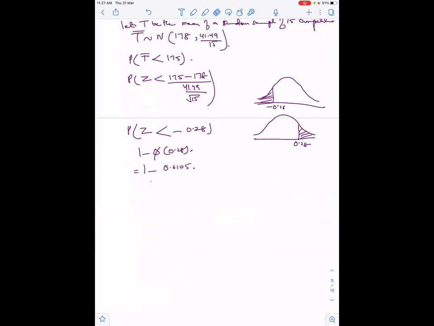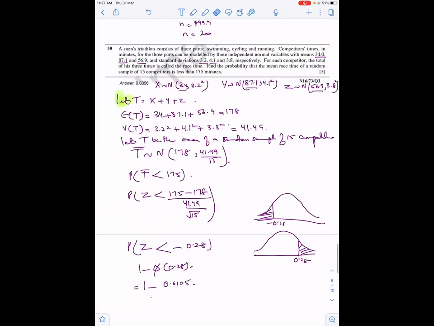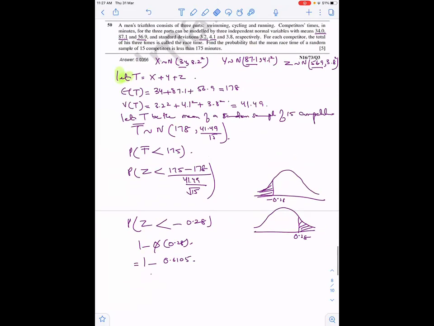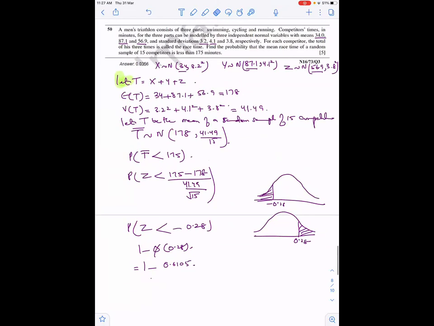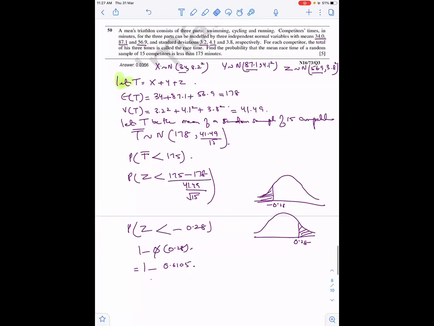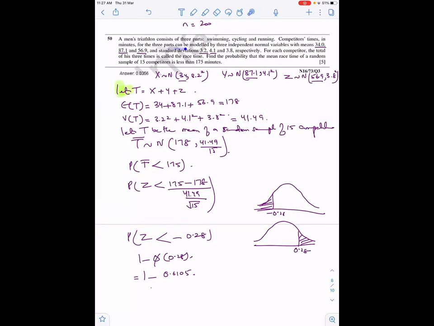Let me check. Yes, it's 0.3897. Let me check my working again and read the question again, because it's not matching.